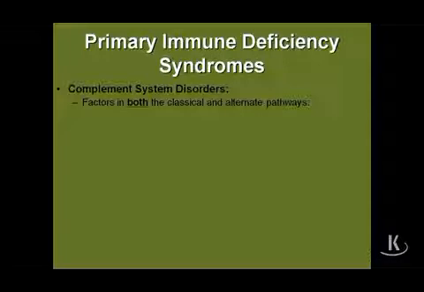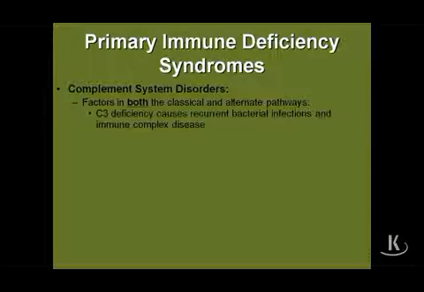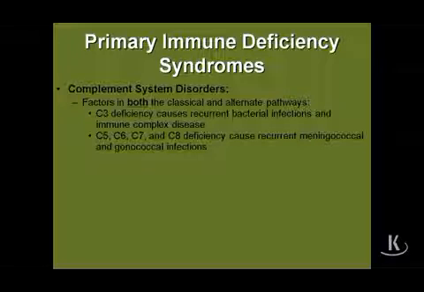So when we think of primary immune deficiency, another important area that's critical to the immune system is complement disorders. They can affect both the classic and alternative pathways. You're going to have C3 deficiency, and that obviously can have recurrent bacterial infections and also increase the likelihood of immunocomplex disease. Then factors C5, 6, 7, and 8 can be associated with recurrent meningococcal and gonococcal infections.